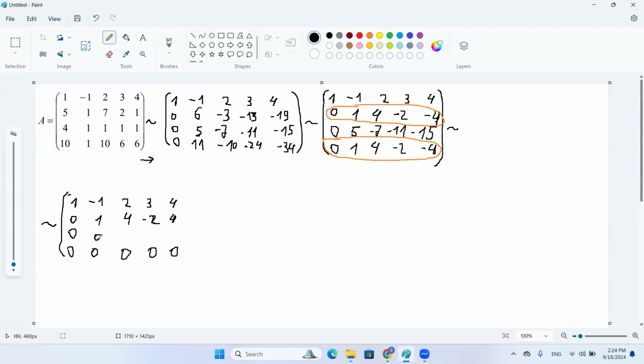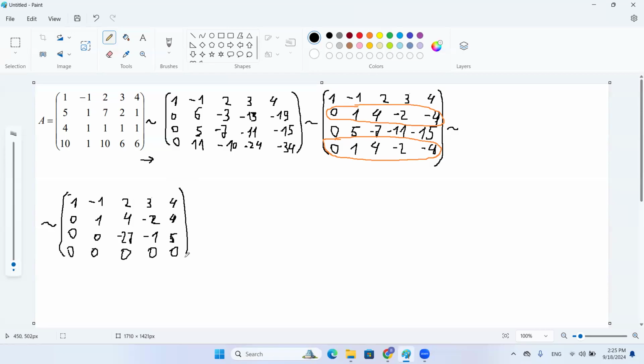You can multiply the second row by -5 and add to the third row. So it will be 0, 0, and on the third place it will be -27. Then -2 times -5 gives -1, and 5. And 5, correct.